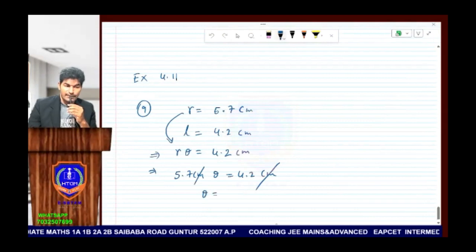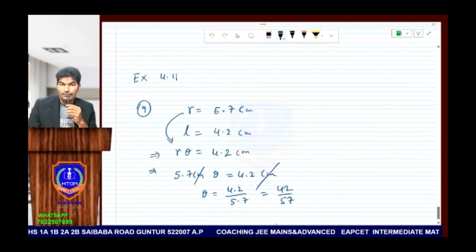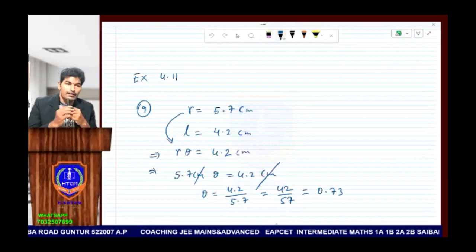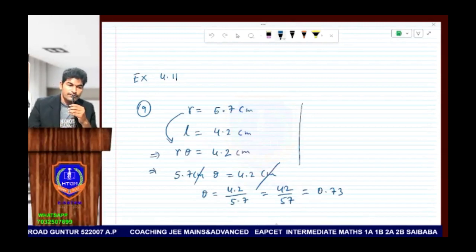Centimeters got cancelled. Theta equals 4.2 divided by 5.7. So you can write 42 by 57. You can remove that point from there, okay? And can you tell me how much this radian value will be? It's a number, so you have to say radian. 0.73, okay.